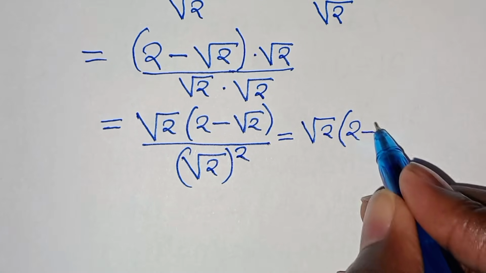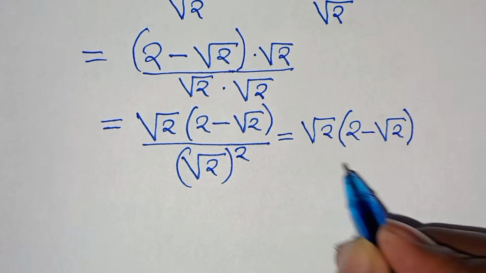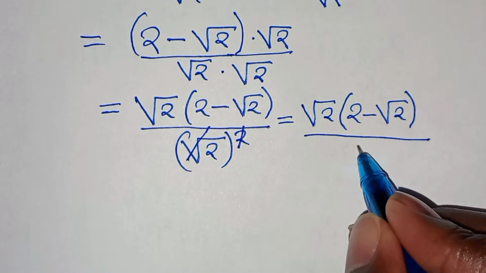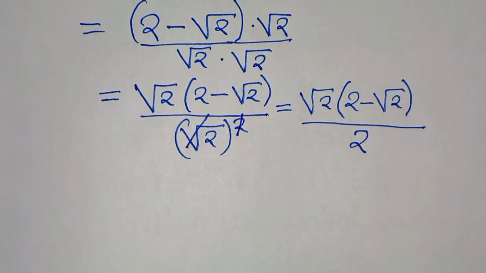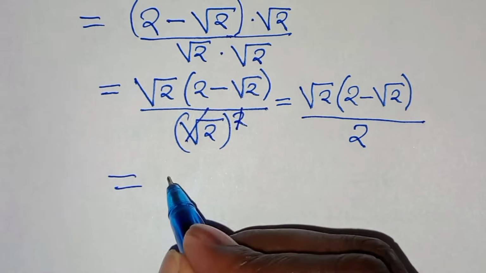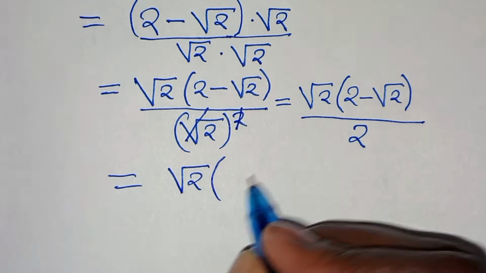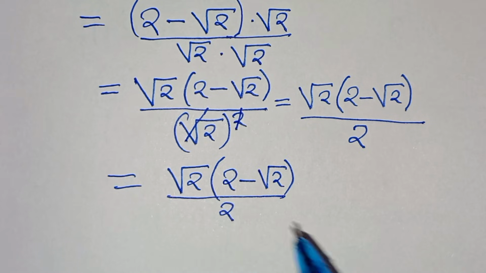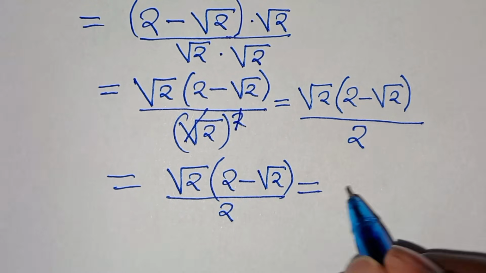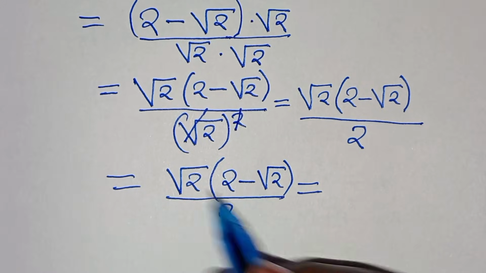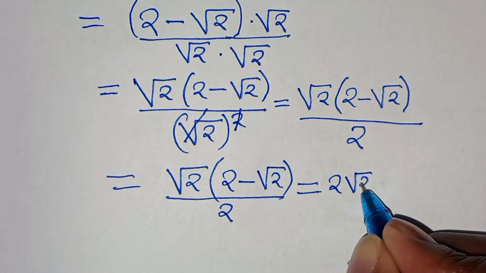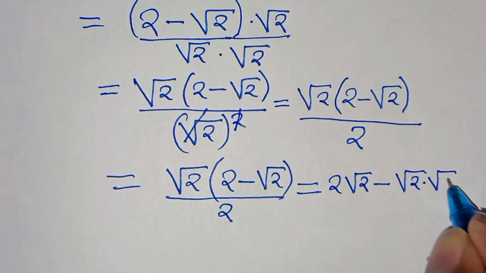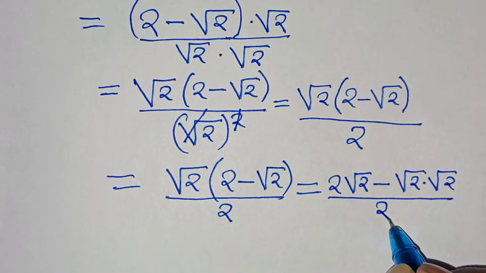This is 2 minus the square root of 2, close the parenthesis, everything here divided by, now we can eliminate the square root sign, so this is divided by 2. So let's open the parenthesis here. This means we have 2 times root 2. So this is 2 root 2 subtract root 2 multiplied by root 2, everything here divided by 2.